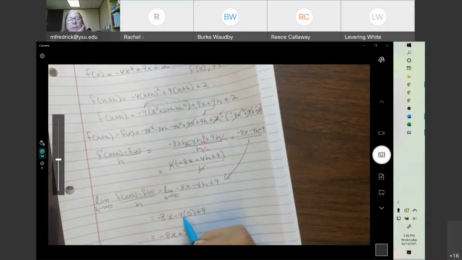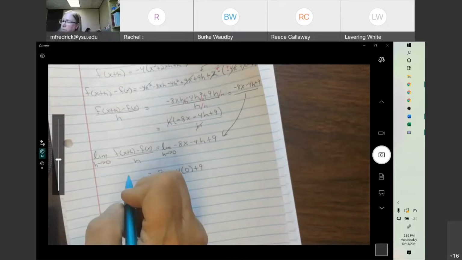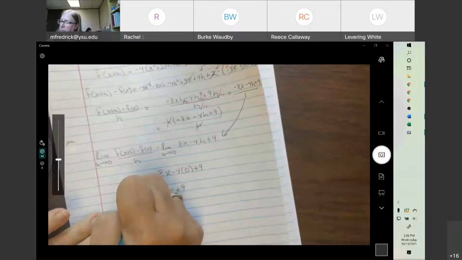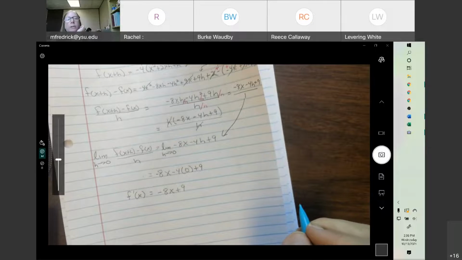So the negative 4 times 0 drops out. And this is our f prime of x. Any questions on that?